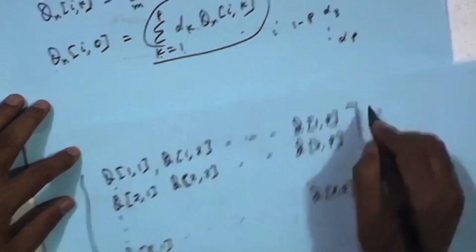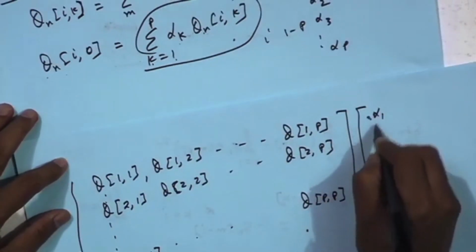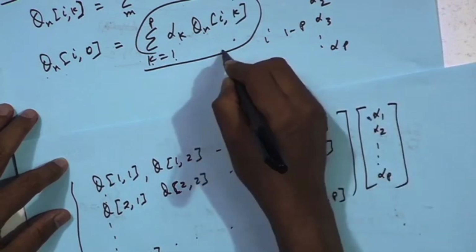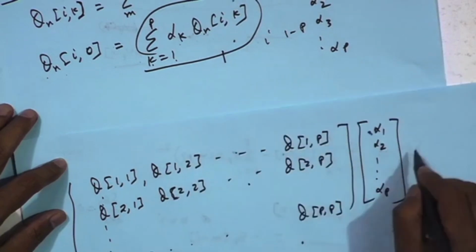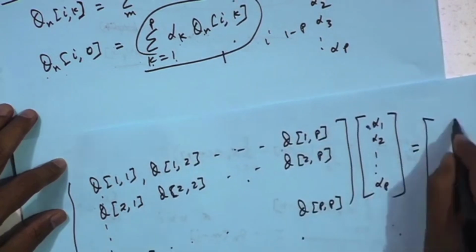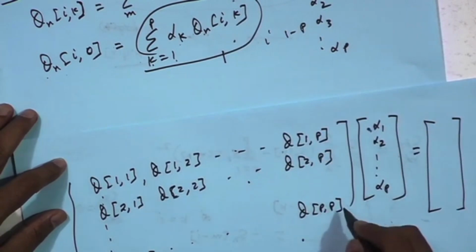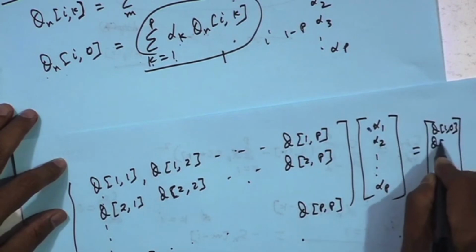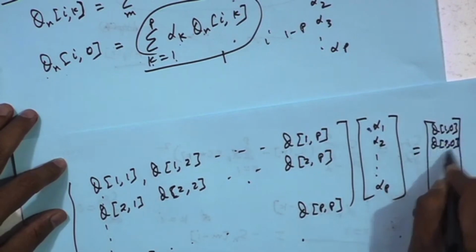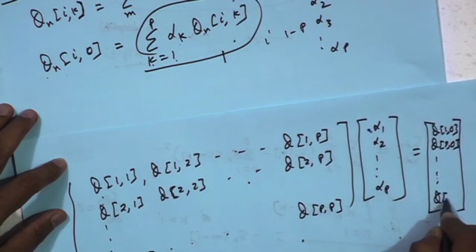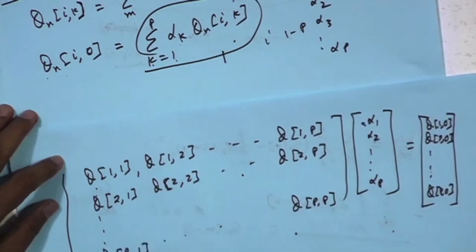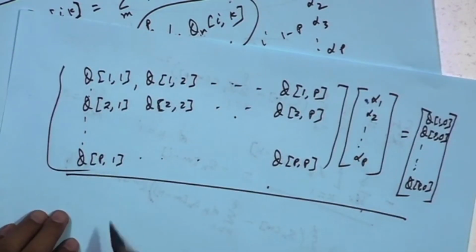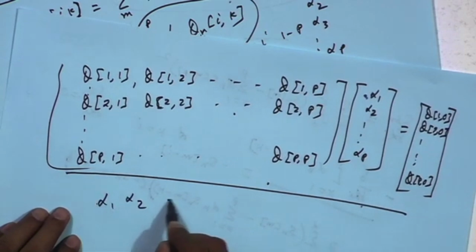This matrix has to be multiplied by alpha 1, alpha 2, dot dot dot, alpha p. This matrix form is equal to k equal to 0, so phi 1 0, phi 2 0, dot dot dot, phi p 0.